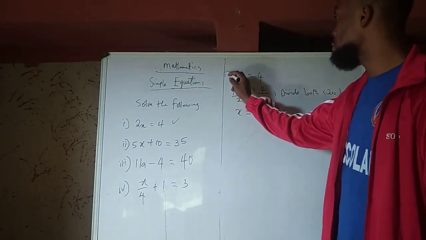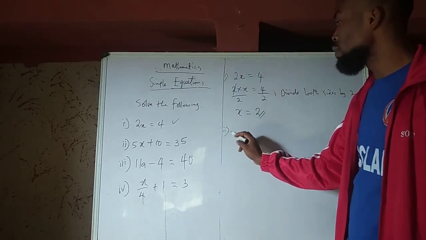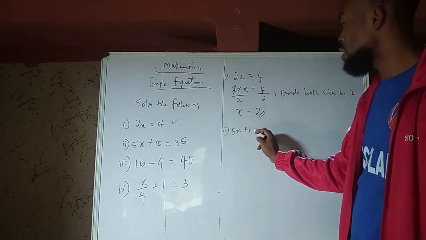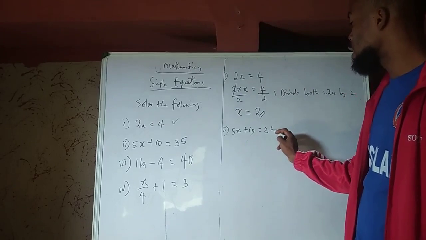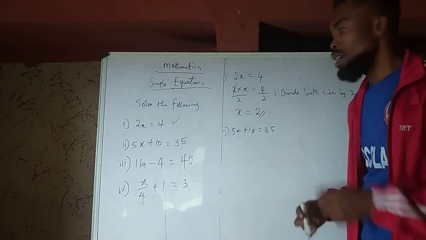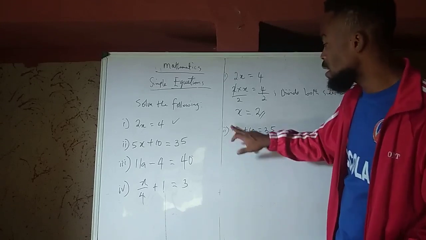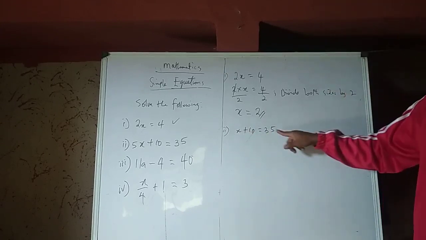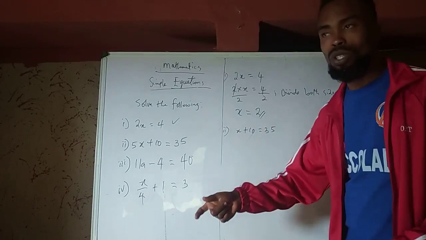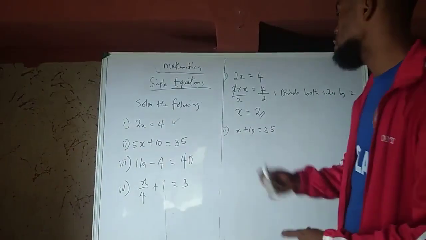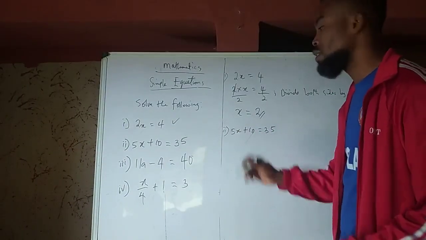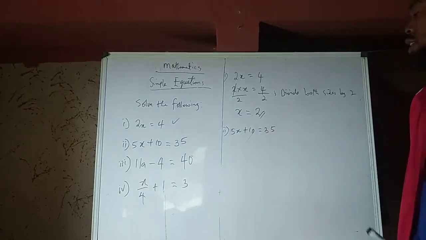Okay, so let's go to this one. Here we have 5x plus 10 equals 35, right? Remember that we have met a case like this. Let's say x plus 10 equals 35. You would have known what to do because we have done an example like this. But let's say this now: 5x plus 10 equals 35.